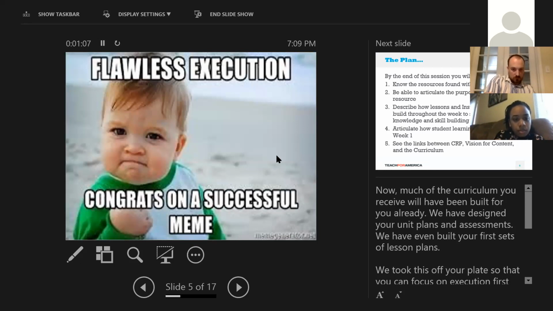The reason for that is we want you to focus on the execution. In the first couple of weeks, we want you to internalize these teacher moves through muscle memory. But as Institute goes on, we will be asking you to take on more and more of the lesson planning process, so the scripted lesson plans will eventually go away.